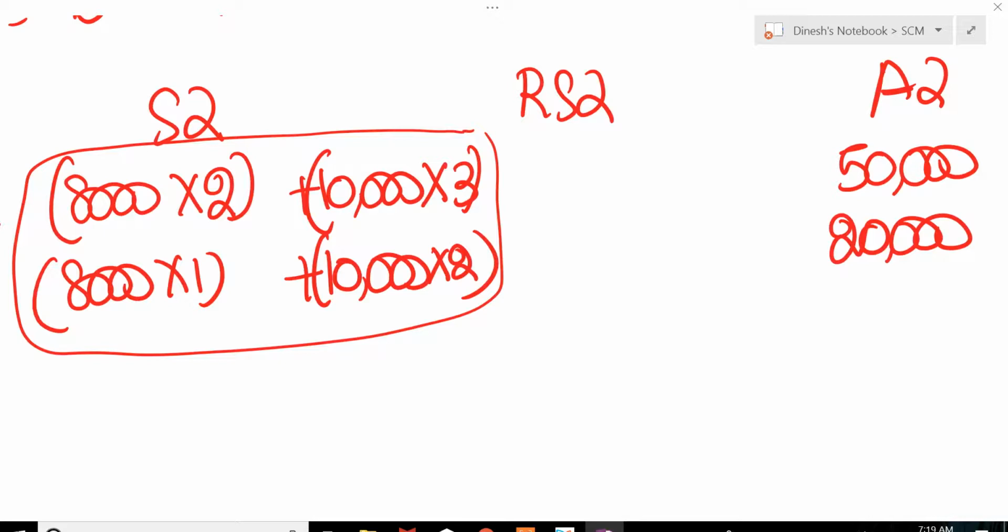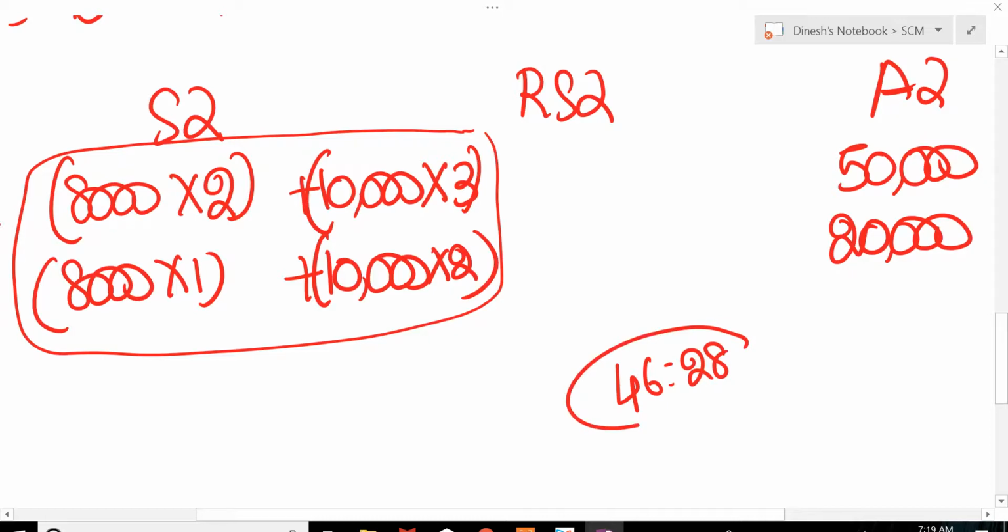To identify that, you calculate SQ. That SQ is always calculated with the help of actual output. Post calculating the SQ, you see the mix as 8,000 into 2 plus 10,000 into 3, which is 46,000, 28,000. So the mix to be used in this question is 46:28. It's not 2:1.